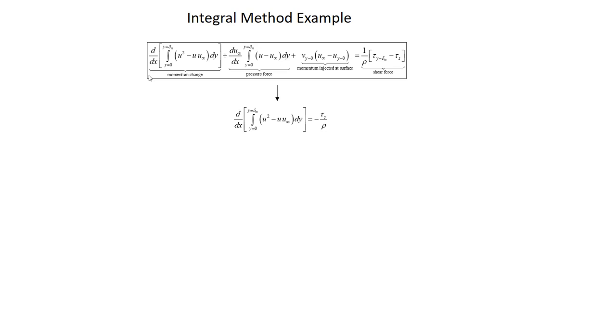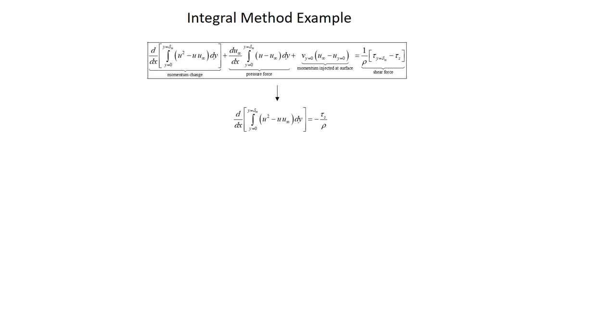So, again, this is without having simplified it at all, and it basically says that the rate of momentum change of the boundary layer, which is this integration here, the velocity distribution, and the pressure force, which is related to the velocity gradient in the free stream, which becomes also a pressure gradient in the free stream. And here we have the potential for momentum being injected at the surface if we have transpiration. And finally, we could have shear at the outer edge of the boundary layer.